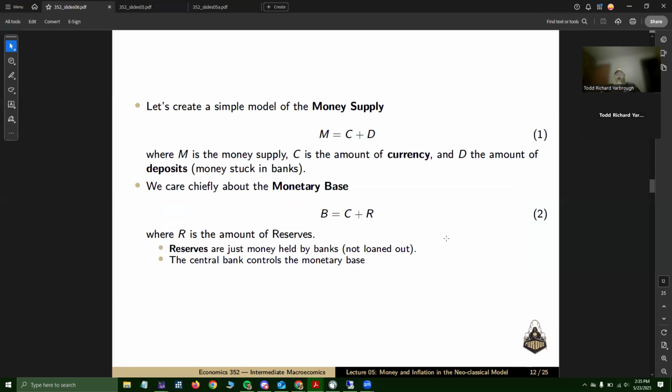Okay, so now to contextualize the conversation of the Federal Reserve with a model of the money supply. Even though the neoclassical model doesn't do a great job of saying a whole lot about inflation, which is something we really get to next week and beyond, it does allow us to understand the effect of the money supply on the economy more broadly.